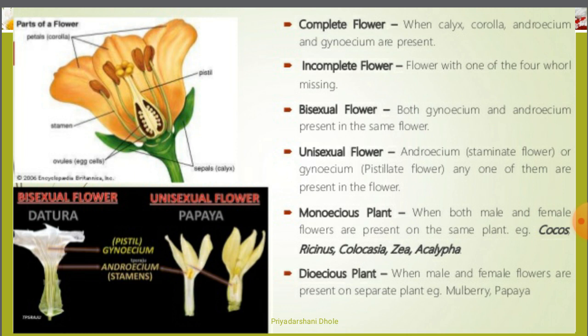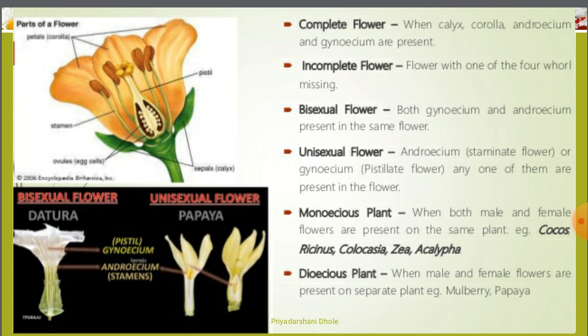Next is a bisexual flower, meaning both the female gynoecium and male androecium are present in the same flower. Next is a unisexual flower: androecium or gynoecium, only one of them is present in the flower.